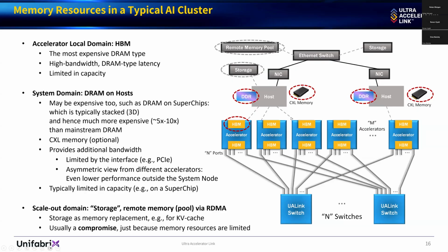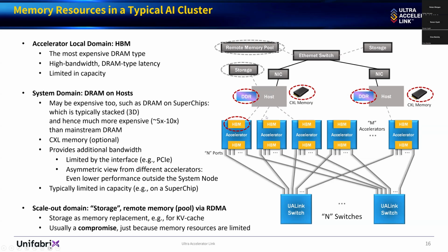Another issue with this type of memory on the host is that it's asymmetric. It behaves differently when it is viewed from different accelerators. For instance, if you have accelerators that are connected directly to a host, usually you will have pretty good performance, as much as you can get from this local interface.